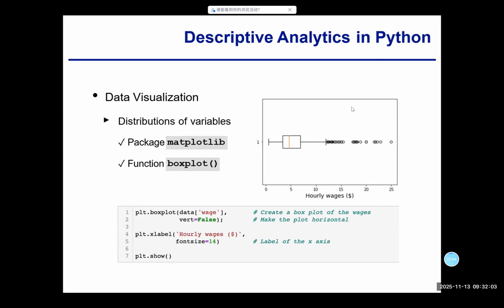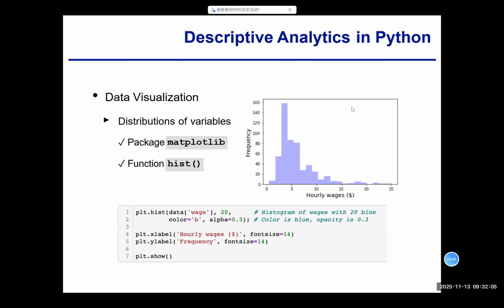What was the other way we learned in Excel? If you still remember, it was the histogram. We taught at least 3 different ways in Excel to make a histogram. In Python, it is also kind of straightforward. We specify the data series, and we specify the number of bins. And optionally, we can specify the color and the level of transparency, all similar to what we covered in data visualization.